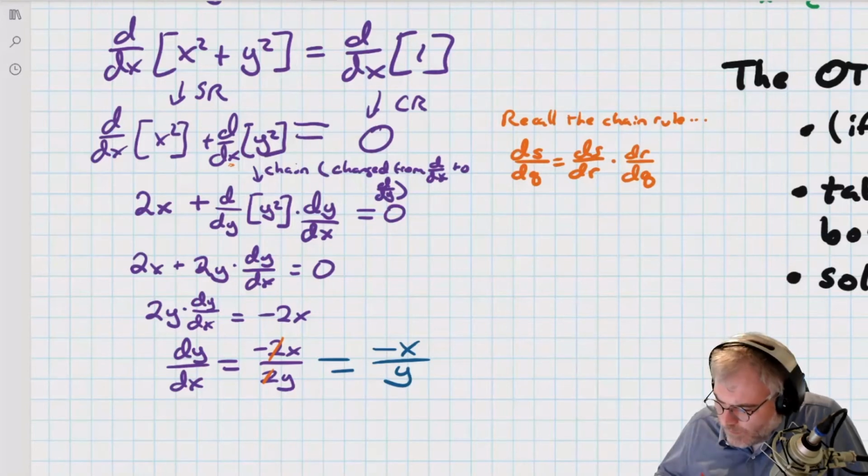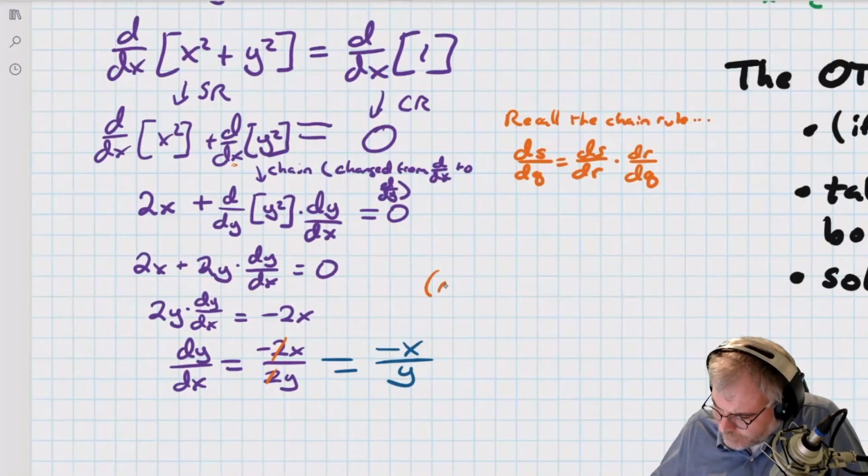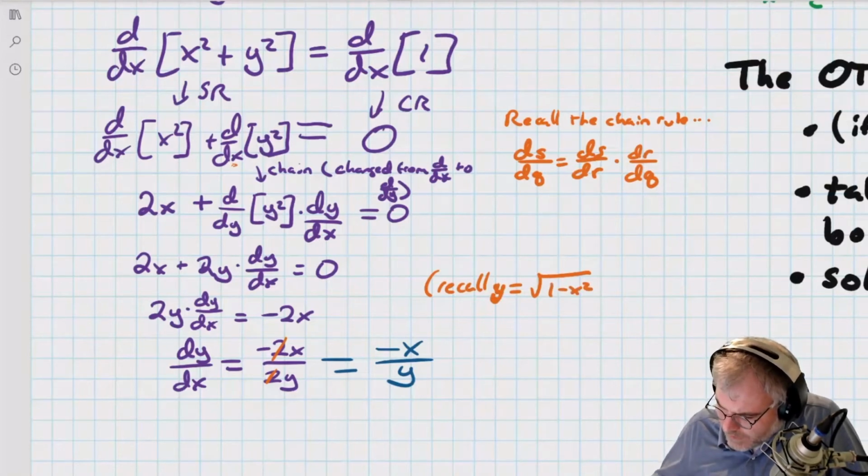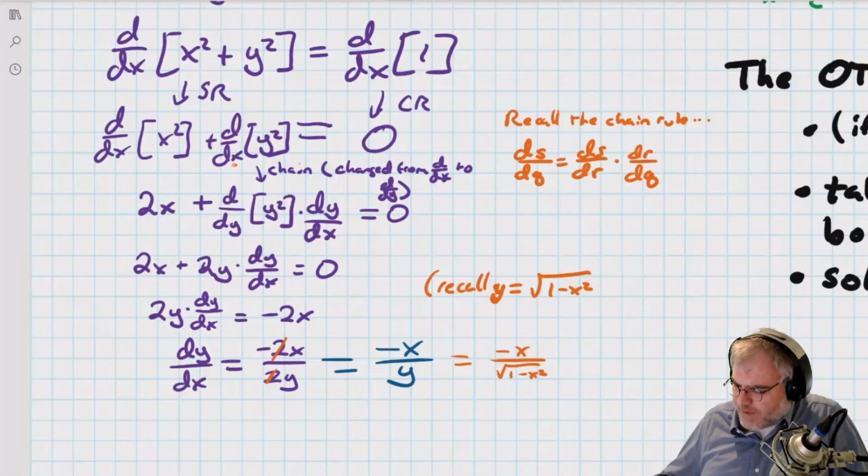Okay. Well, we recall that y equaled the square root of 1 minus x squared. So this actually equals negative x over the square root of 1 minus x squared. And I wind up with the same answer.